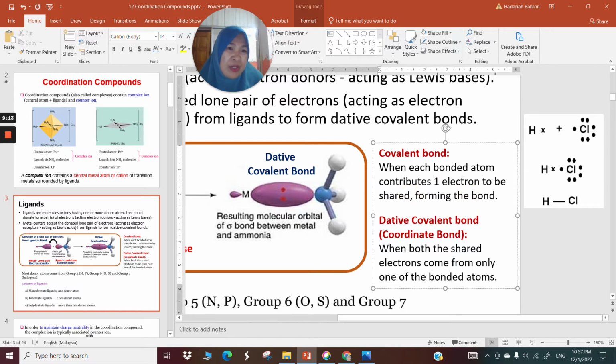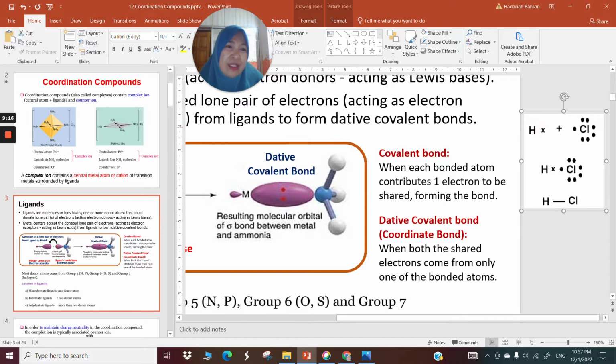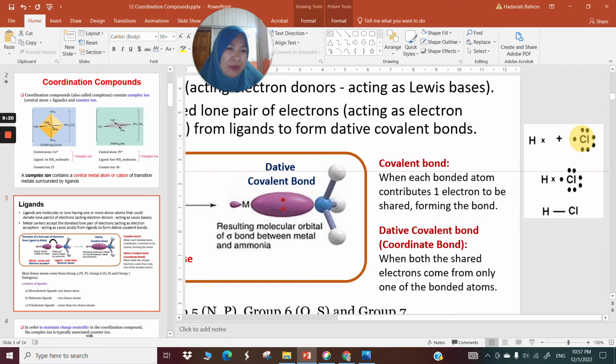For example, you have your hydrogen here, you have your chlorine there. When hydrogen and chlorine each donate 1 electron, and that pair of electrons are being shared between the hydrogen and chlorine, you have HCl, and the bond between HCl is a covalent bond. Yeah, so that is a typical covalent bond where the shared electrons, one comes from hydrogen and another one comes from chlorine.